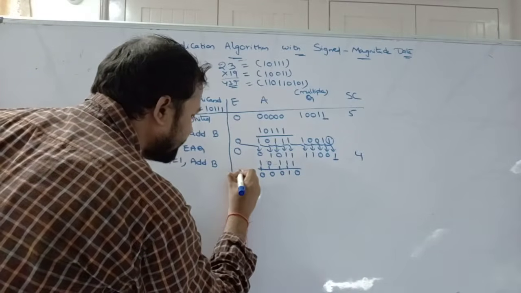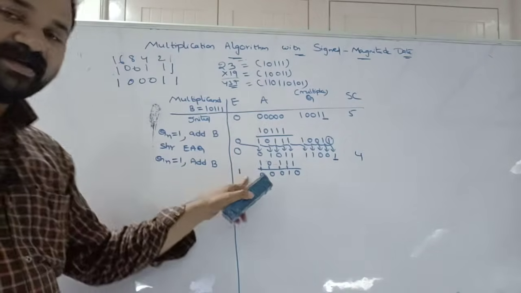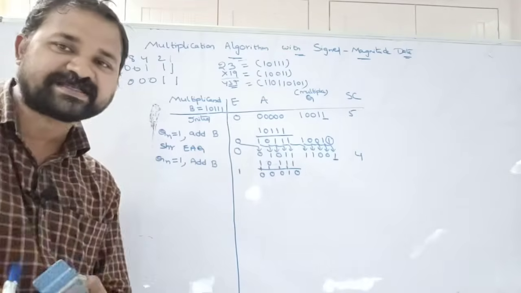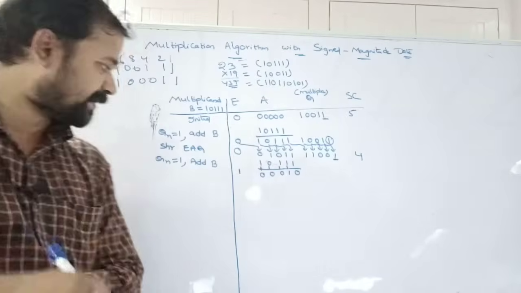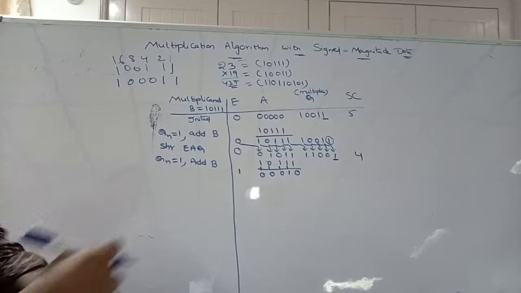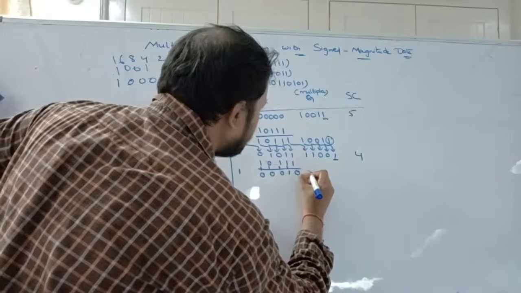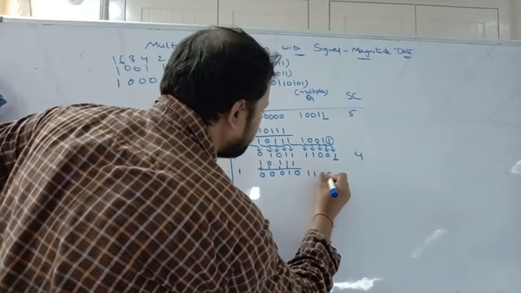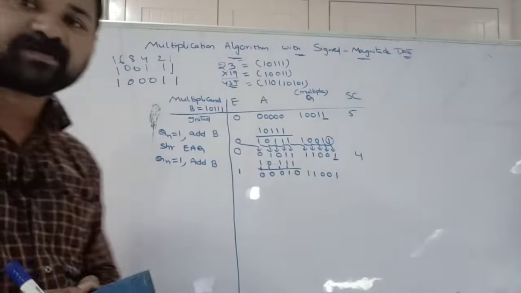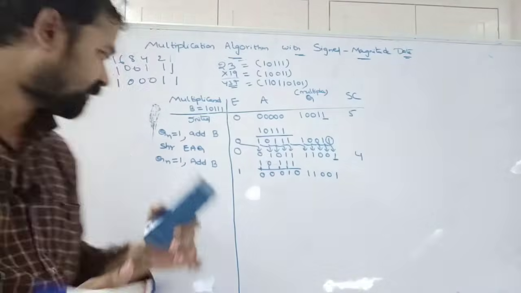If there is any carry, that carry will be transferred to E. So that's why we have written in flowchart as EA arrow A plus B. Okay. So here addition operation is performed. Next let us write multiplier 11001. So adding is over. Next we need to perform shift right operation.